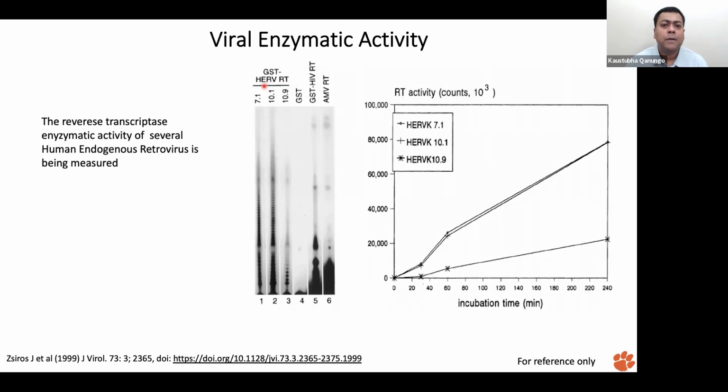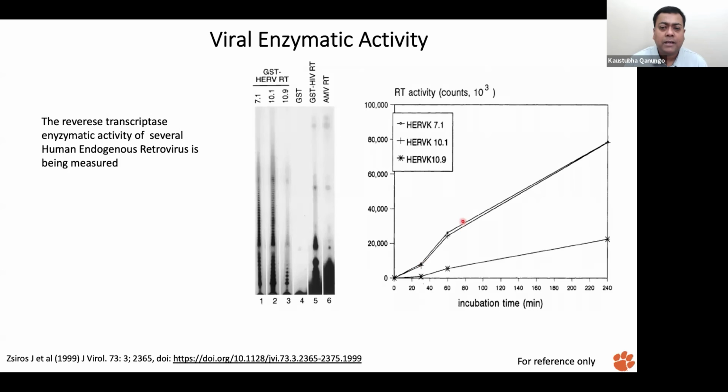HERV means human endogenous retrovirus, and that enzymatic activity in different ratios has been measured. So here you can see that there are different ones, 7.1, 10.1, 10.9. These are the different endogenous retroviruses, and you are looking at their RT activity.